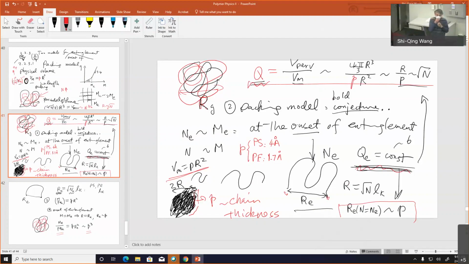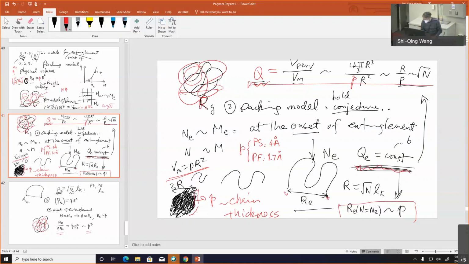You start with chains that are so short that in their volume there are no 6 chains, there are only 3 chains. That's not going to be entangled. So you keep increasing your chain length or molecular weight until you find in its own space there are 6 chains. And this 6 chains is a universal number for all different polymers. By the time you have 6 chains, you will have entanglement.